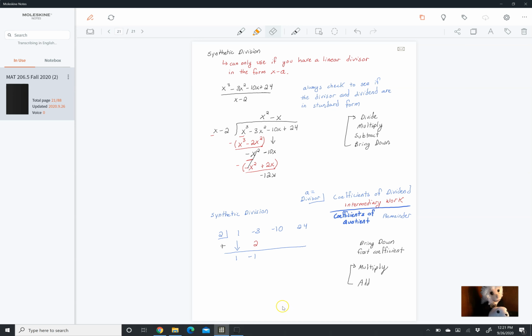Now, if you notice here, we multiplied, so let's do the same thing at the bottom. -1 times 2 gives us -2. Up here, we subtracted, but because we're not multiplying by negative, we're multiplying by positive, we add instead. So -10 plus -2 is -12.